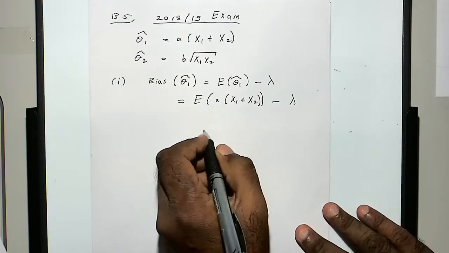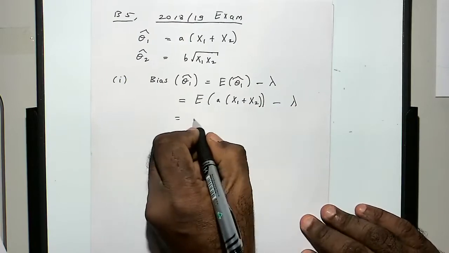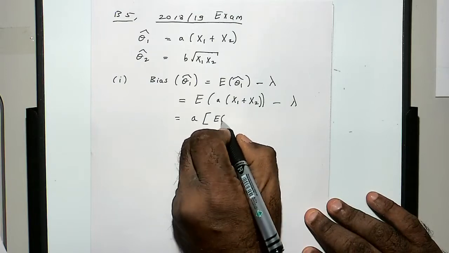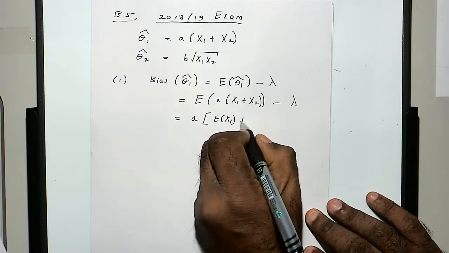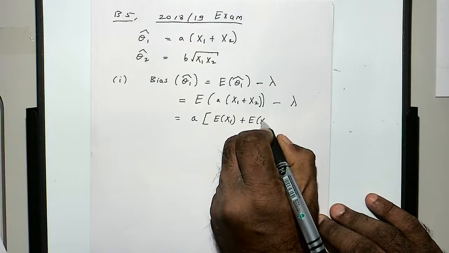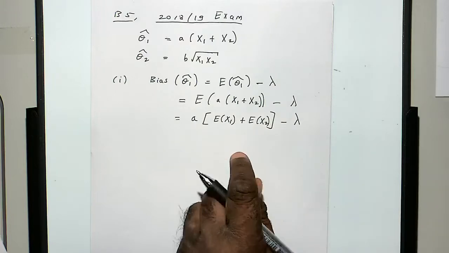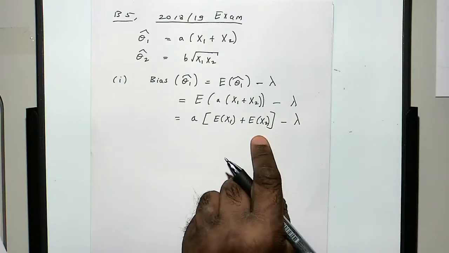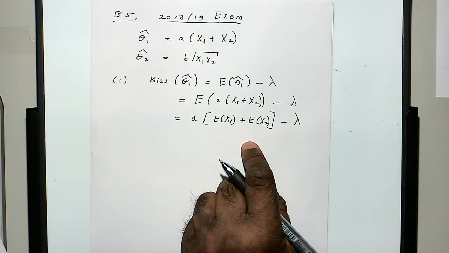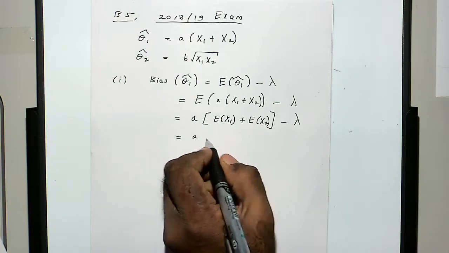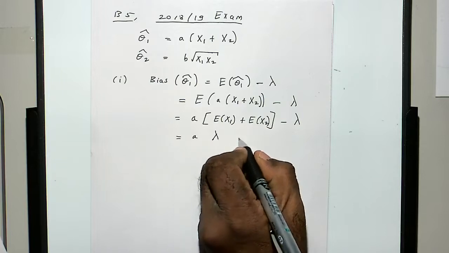Yeah, a is a constant, so you can pull it outside. Right. Now we know that x1 and x2 are exponential variables with parameter 1 over lambda. So their expectation is going to be lambda plus lambda.